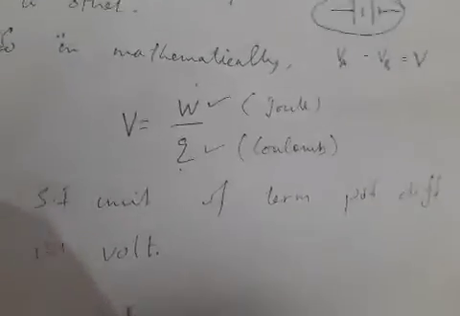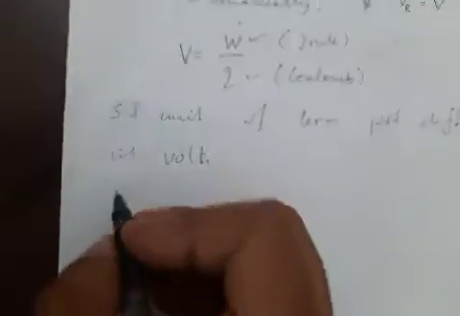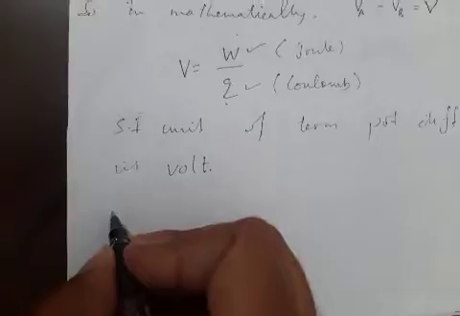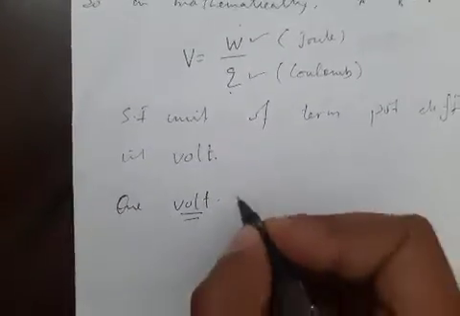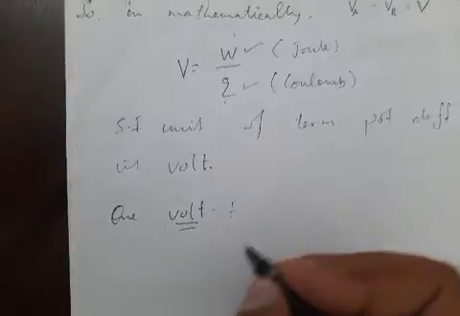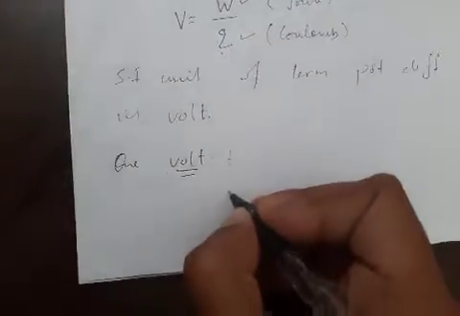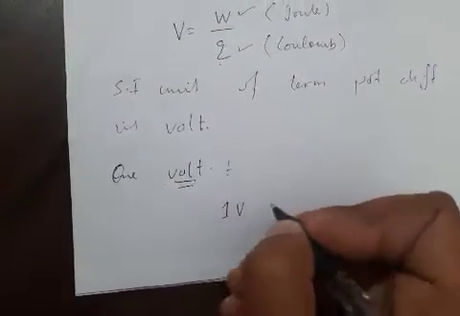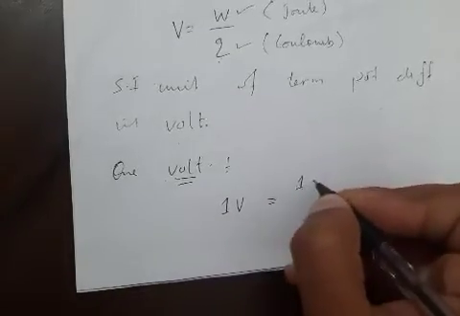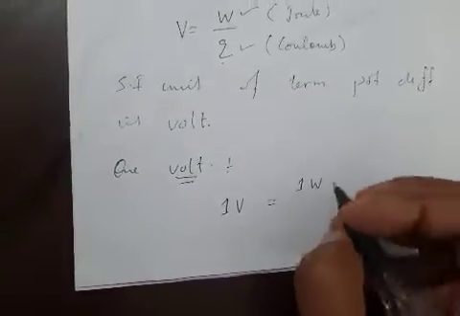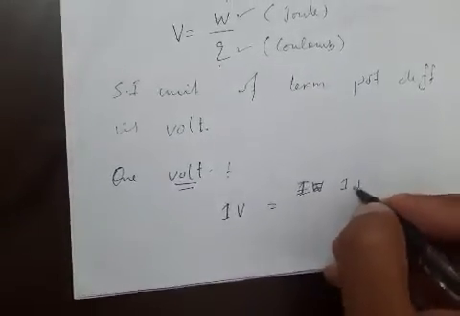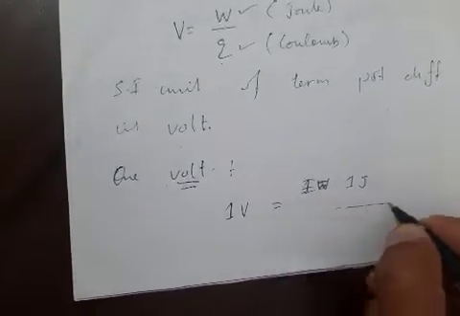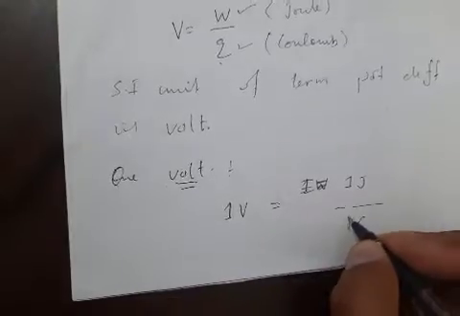So from here we easily define 1 volt. To make the potential difference 1 volt, we have to do 1 joule of work to move a 1 coulomb charge.